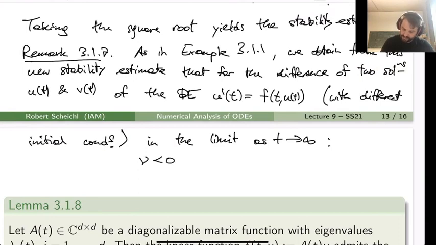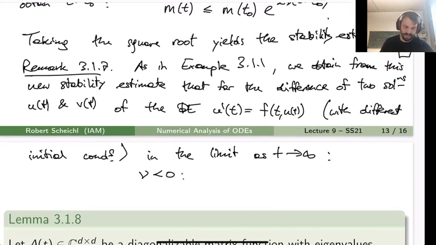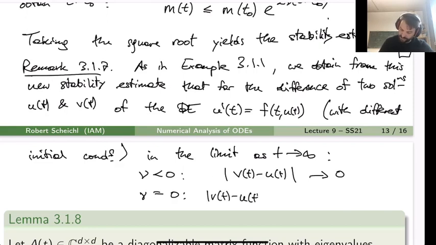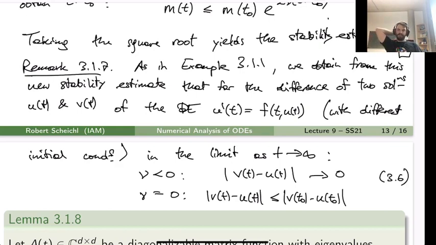So again, looking at the regimes from example 3.1.1, when nu is less than 0, I already said this, v of t minus u of t goes to 0 as t goes to infinity, and when nu equals 0, then we get that the modulus of v of t minus u of t is less than or equal to the modulus of v of t naught minus u of t naught. So you have essentially no growth of the error, at least the difference in these two solutions of the initial value problem.